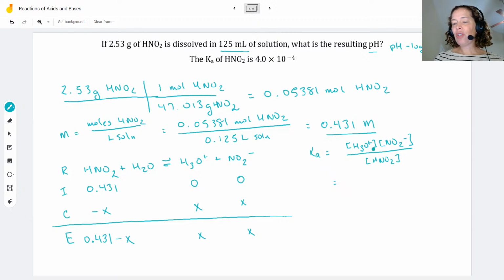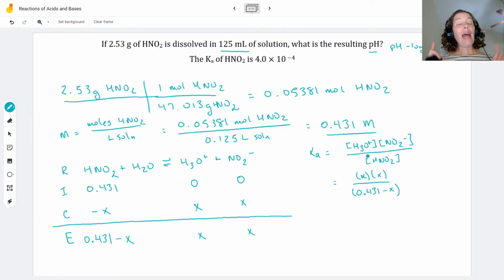My concentration of hydronium is just X. My concentration of nitrite, again, is just X. And my concentration of nitrous acid is this quantity down here, 0.431 minus X. So again, I've just taken these equilibrium concentrations and plugged them directly into my Ka.